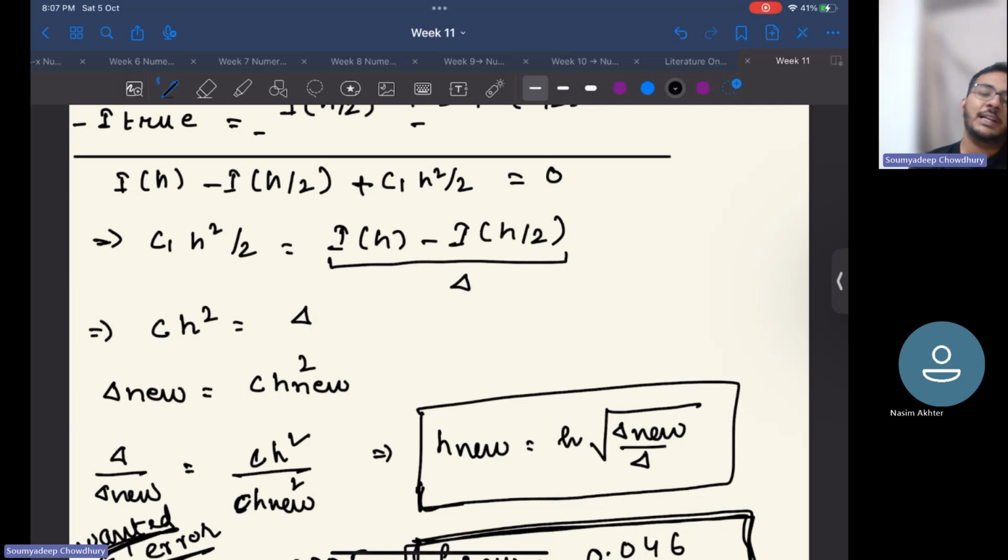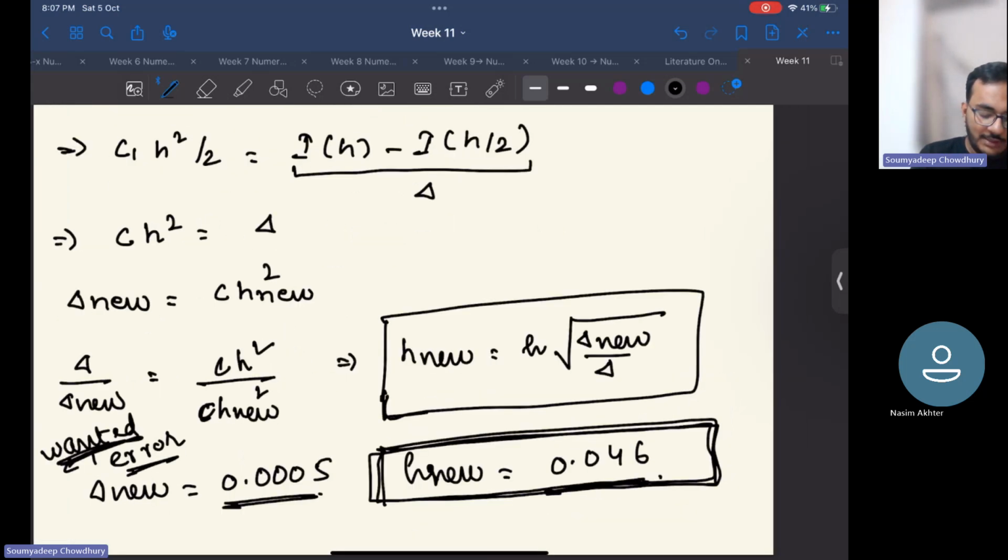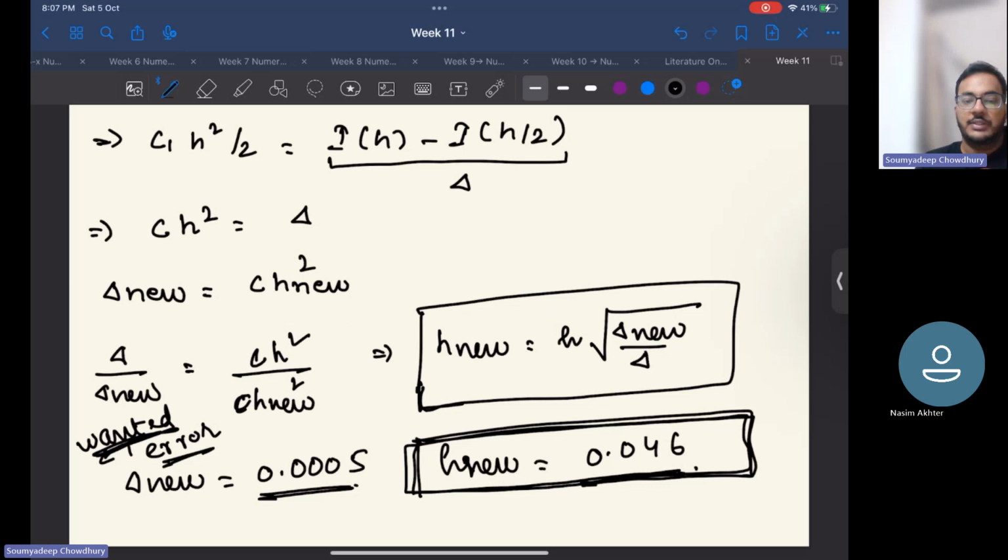So if we fix delta nu from previously, using this equation h nu equal to h into under root of delta nu by delta, then we can get this value of h nu. That is, this is the step size. 0.046 is the step size for getting an error of the order of 0.0005. Is it clear?